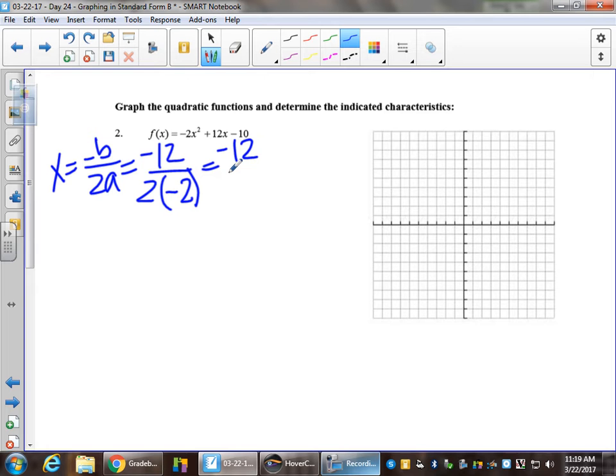Negative 12. We have 2 times A, and A is -2. 2 times -2 gives us a -4. What is -12? No, it's negative B, but we have a 12, so -12 is just going to give us -12. What is -12 divided by -4? 3.